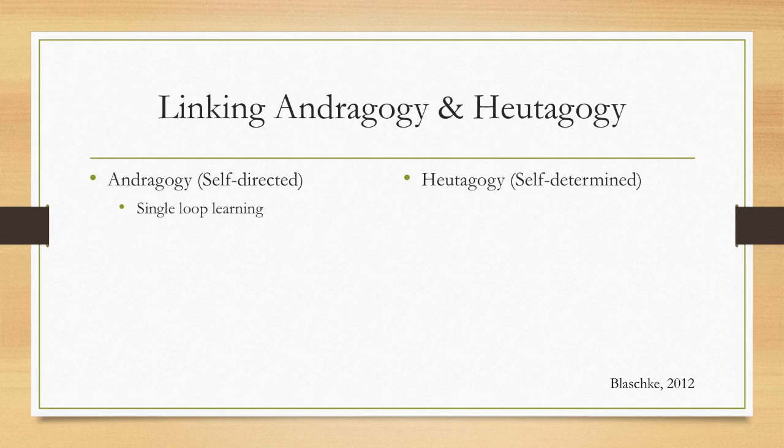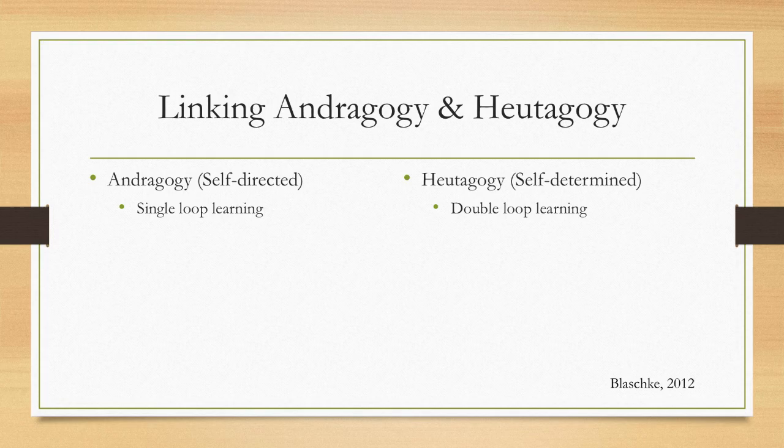In andragogy, there's the concept of single loop learning, where a problem is defined by the instructor, and it's up to the student to determine outcomes that will solve that problem. In contrast, in heutagogy, there's the concept of double loop learning, where the experiences and the environment of the student help develop the problem case itself.